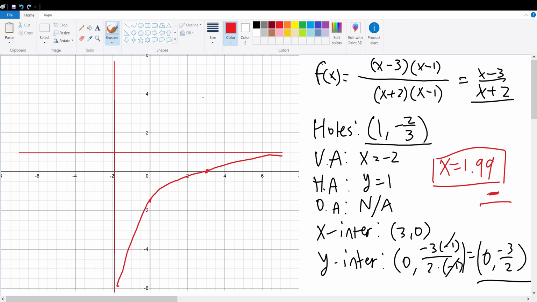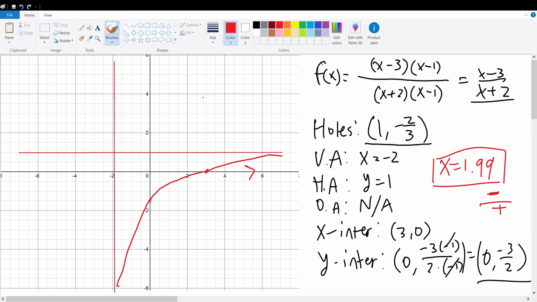Negative 1.99 plus 2 will be positive, negative 1.99 minus 1 will be negative. So our final outcome in the denominator will be another negative value. A negative value divided by a negative value will result in a positive value. Therefore, when x approaches negative 2 from the right hand side, it will go to infinity.